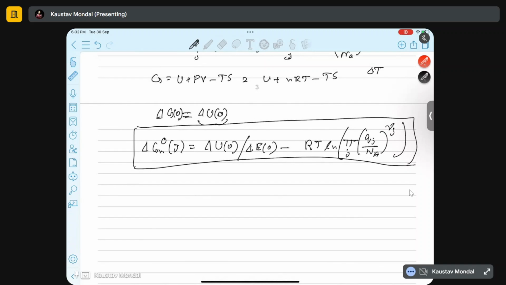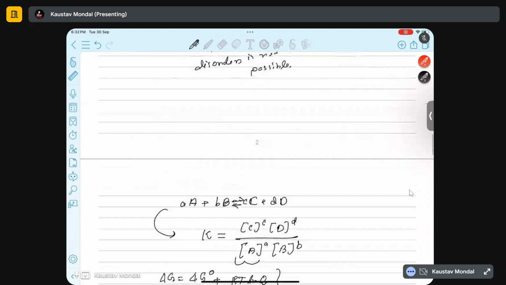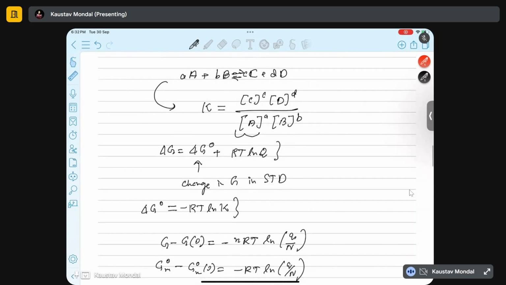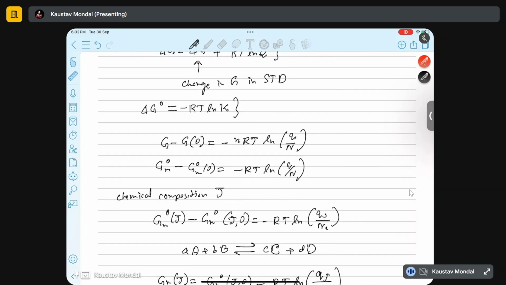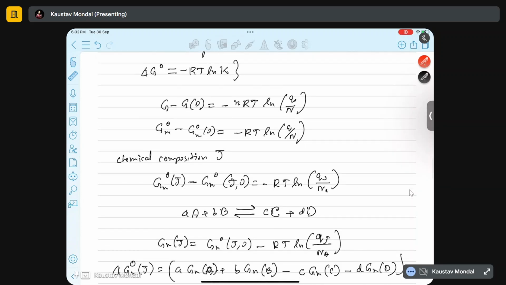This is the change in Gibbs free energy in the standard case that you have derived from this equation, right? This whole thing is derived from this equation.